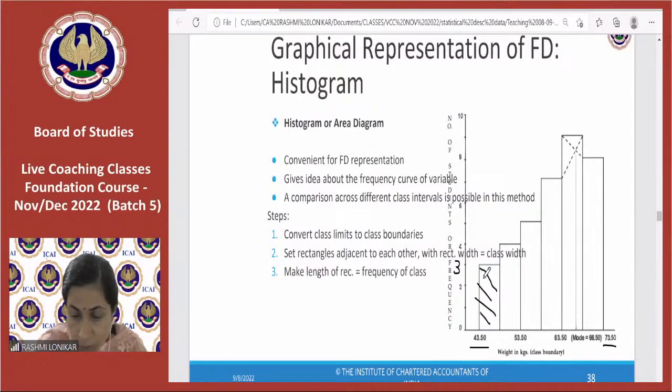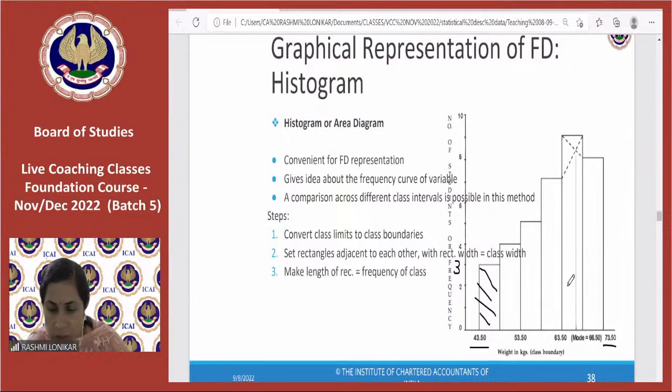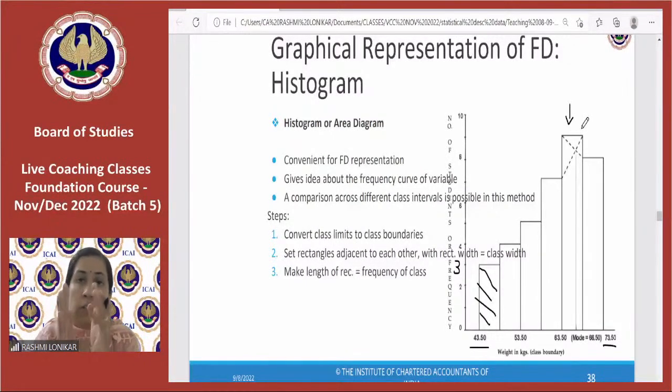Similarly here, how many students are there whose weight lies between 63.5 and 68.5? I've drawn over here. And when I try to connect these, you have to take not any random bar, only the longest bar that you have, and you take the points of the earlier and the next column.